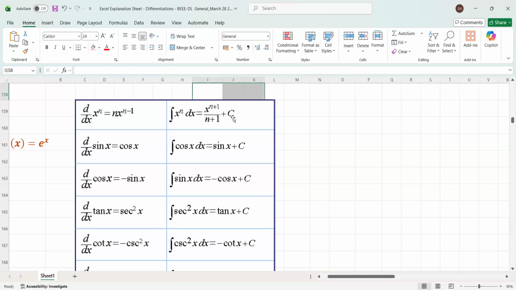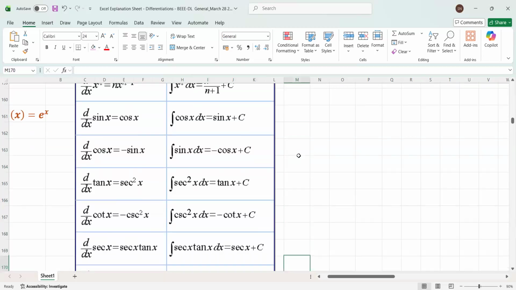The reason we add a constant is because we call these indefinite integrals. If they give you a problem and ask you to find the value of a definite integral, then we will put the limits into the integrated function and it will give us a solution. I'm going to try and use a calculator to show you how to do some of these things before we go.